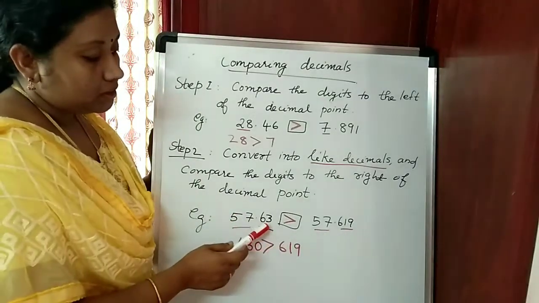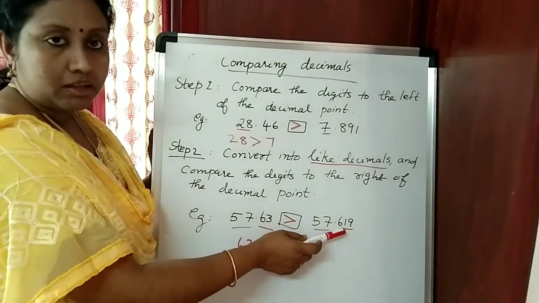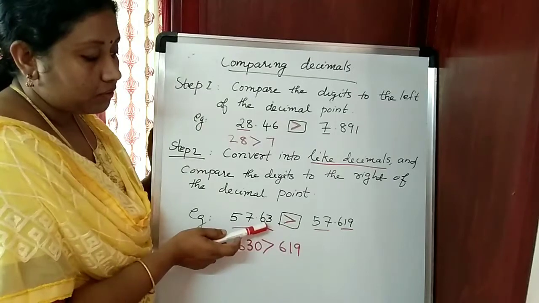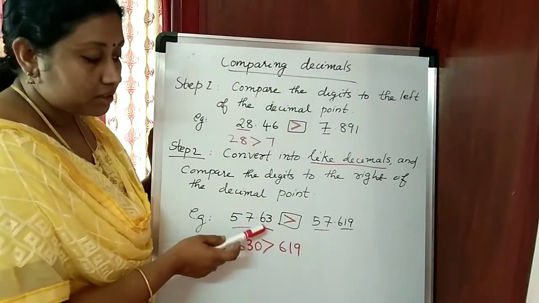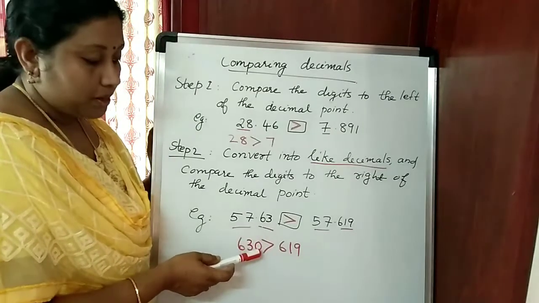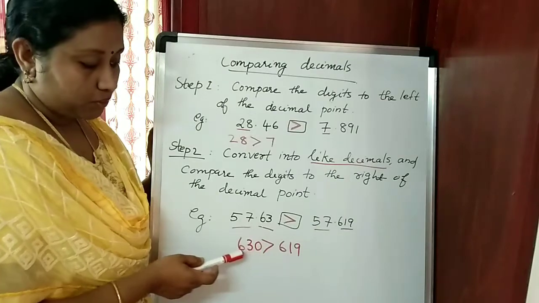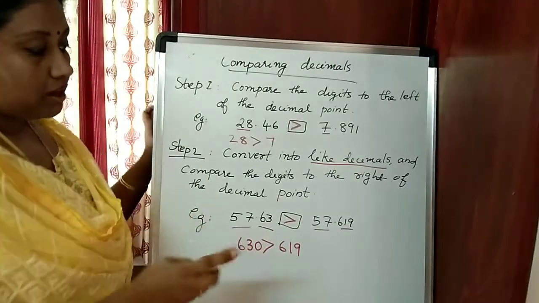If in the decimal part there are only 2 digits and here 3 digits, in that case you convert this also into a 3-digit number. How will you convert this into a 3-digit number? Yes, at the last place you put one 0. This way you convert this into like decimals.